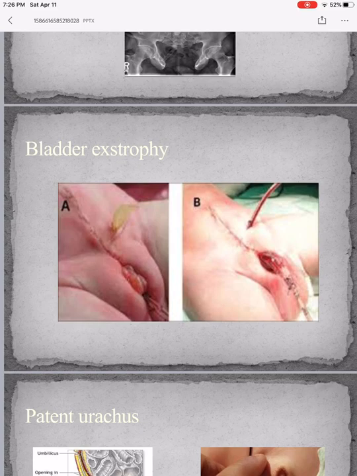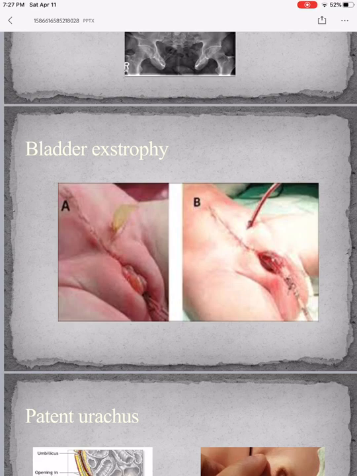What's important here is the management of bladder exstrophy. It is a multi-stage approach. The first stage is done at the age of 3 days. We have to close the anterior urethral wall, anterior bladder wall, and anterior abdominal wall, with or without osteotomy, with reapproximation of the symphysis pubis. Why is this important? Because we need to enlarge the bladder.